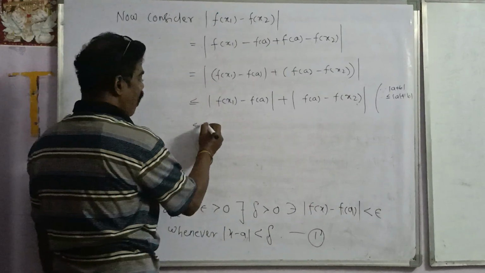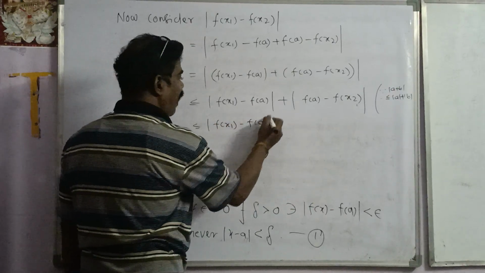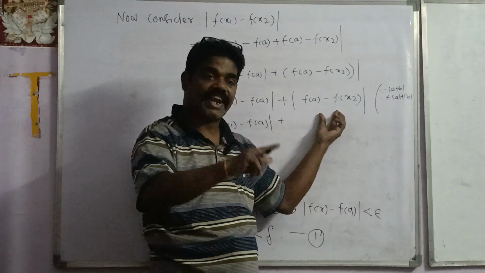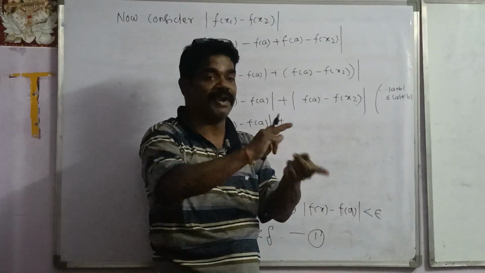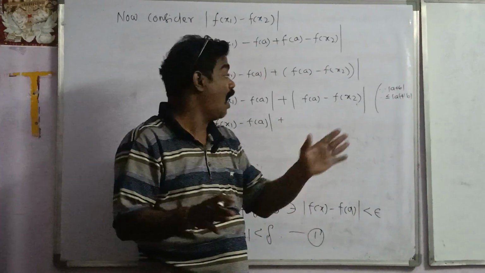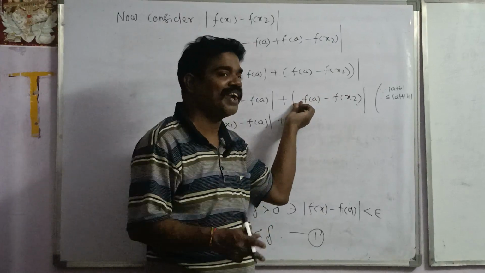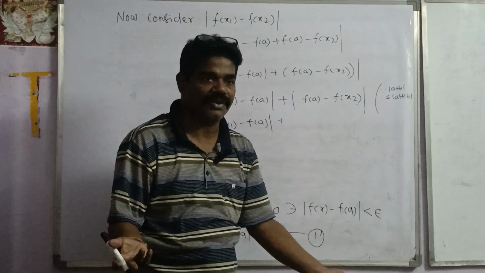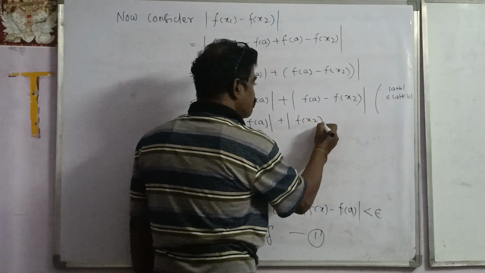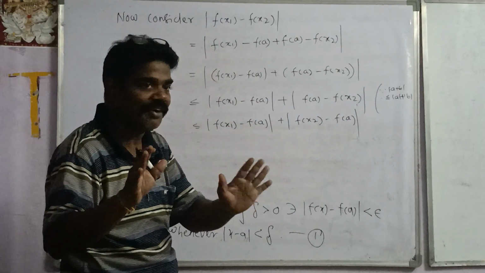This is less than or equal to |f(x1) - f(a)|. Inside mod, second value and first value can be interchanged. There will not be any minus; you are taking minus common here, so it will be positive only. So I am writing |f(x2) - f(a)|. Have you understood now? Fine.